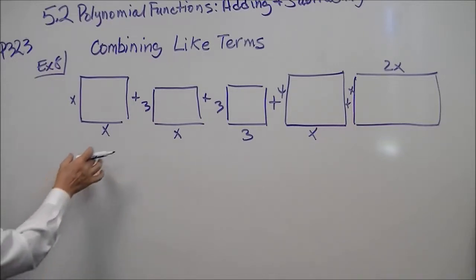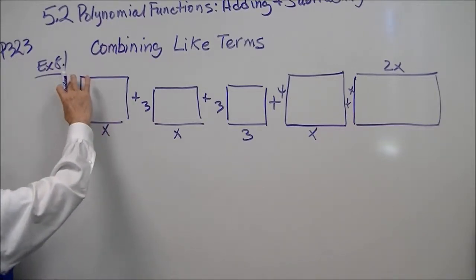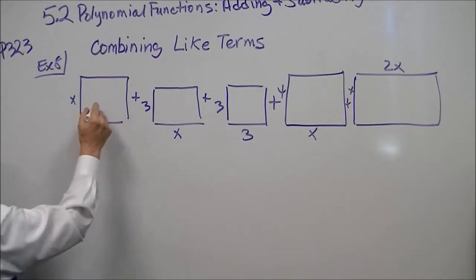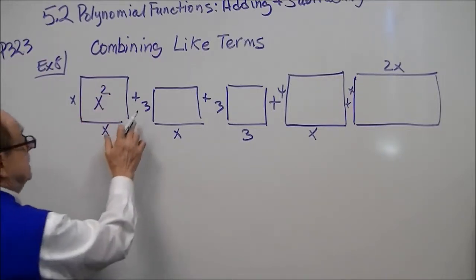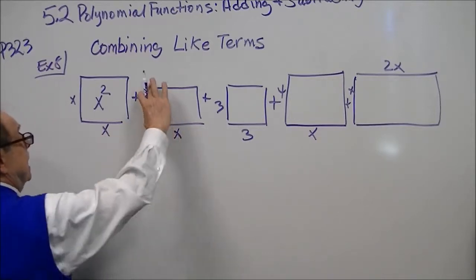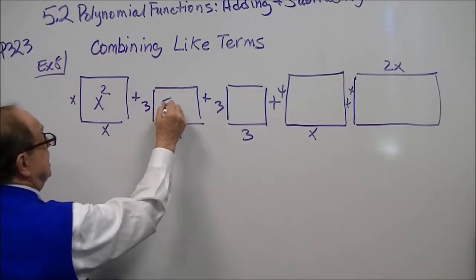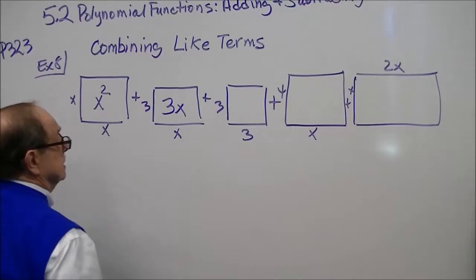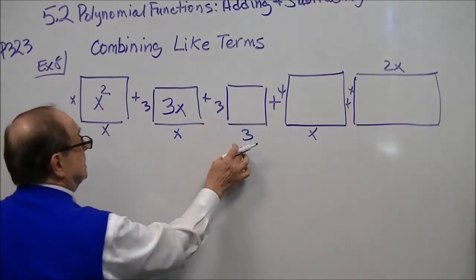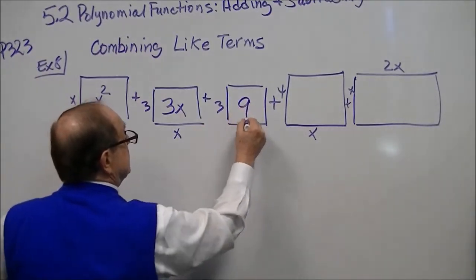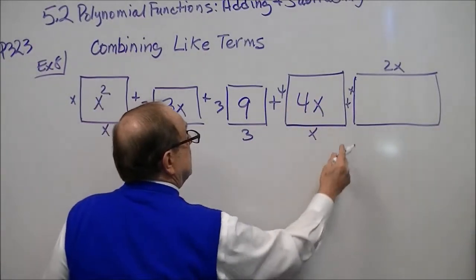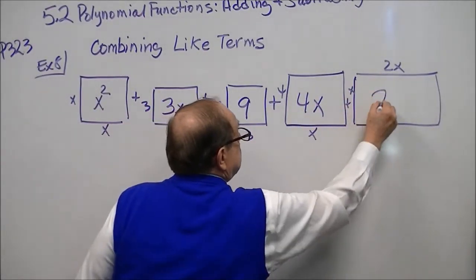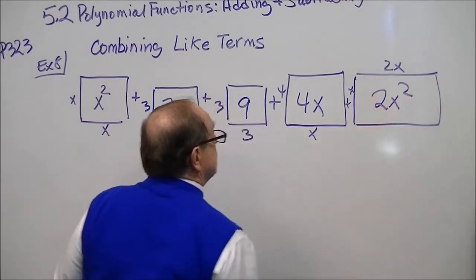Now here we're saying this length is x and this length is x. So this is an x squared. And this length is x and this height is 3. So this is a 3x. And this is 3 and this is 3, so this is a 9. And this is 4x. And this is going to be 2x squared.